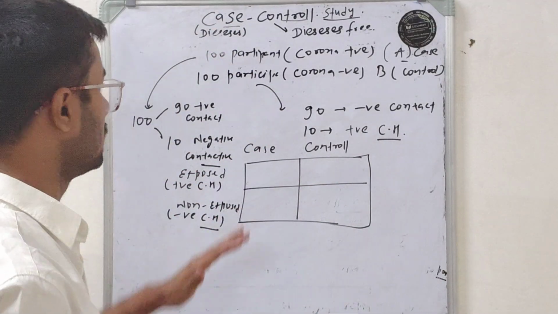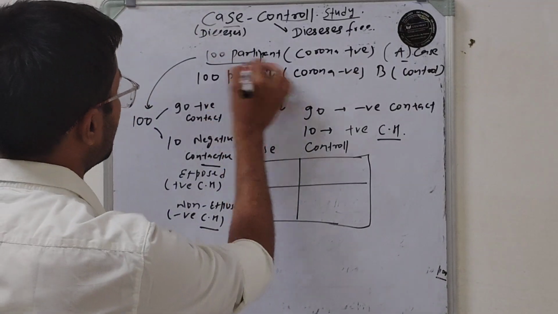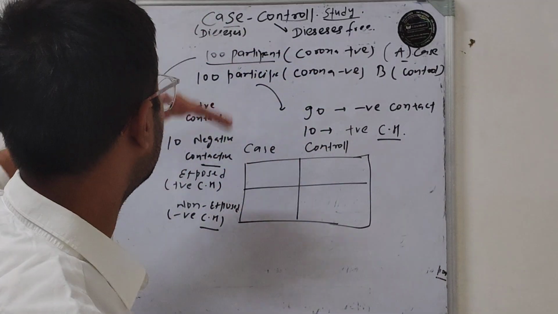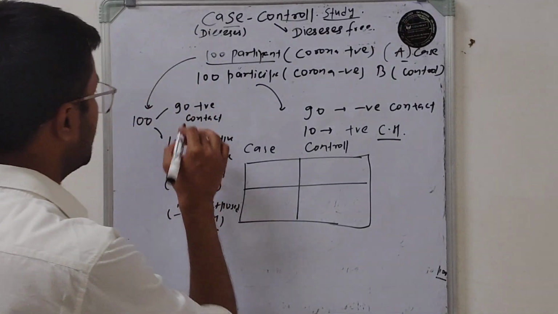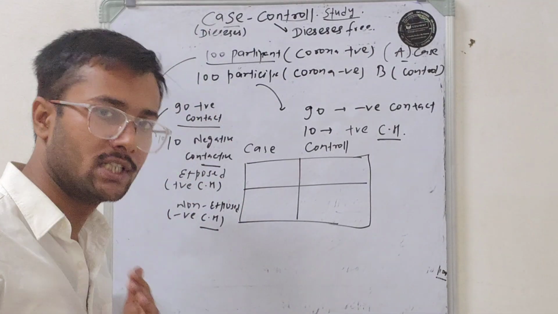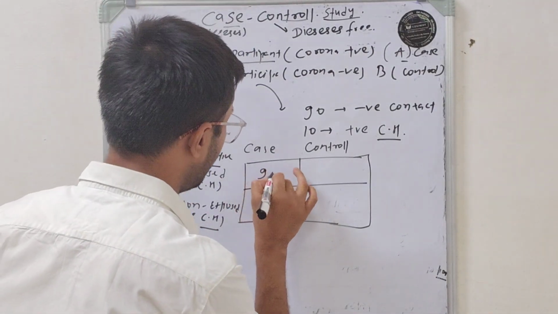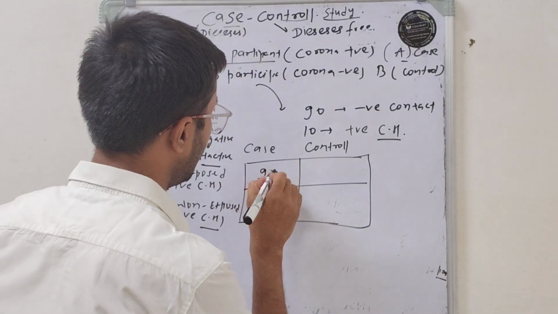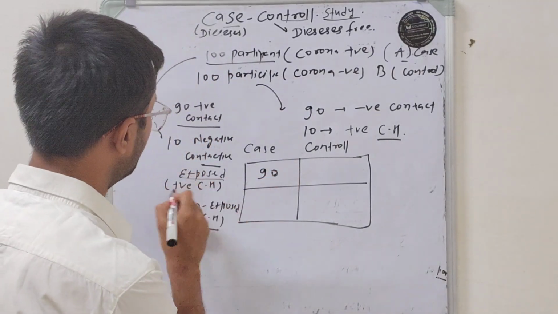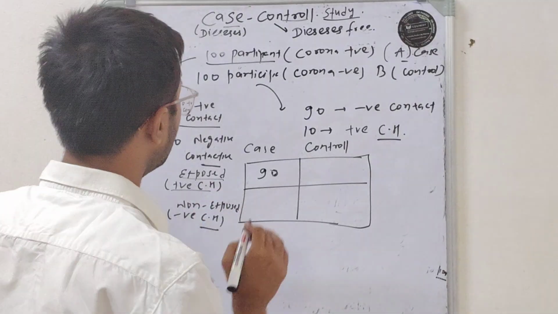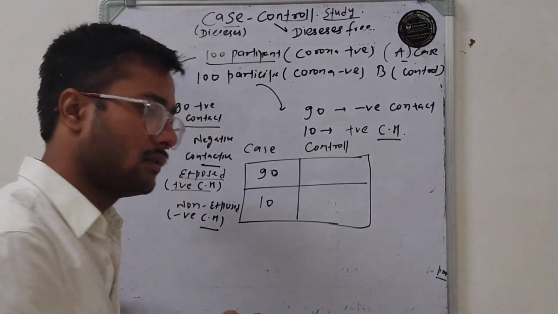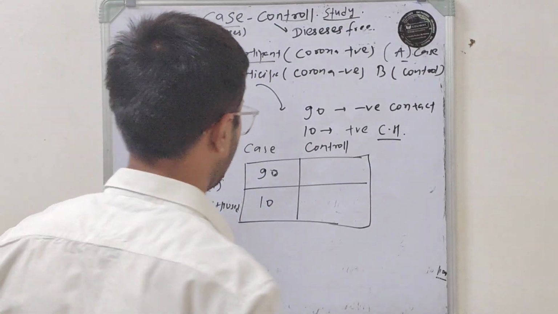Now we put the given data in this table. In case there are 100 corona positive participants. Of these 100, 90 say they have a history of contact, so we write 90. They are exposed, meaning positive history of contacts. And 10 said no, they have no history of contact.